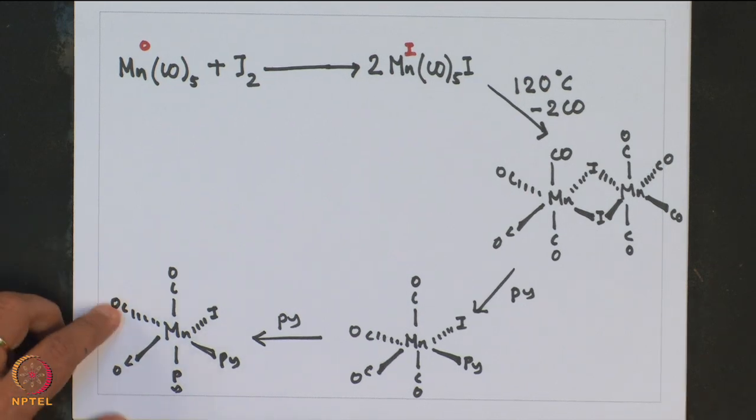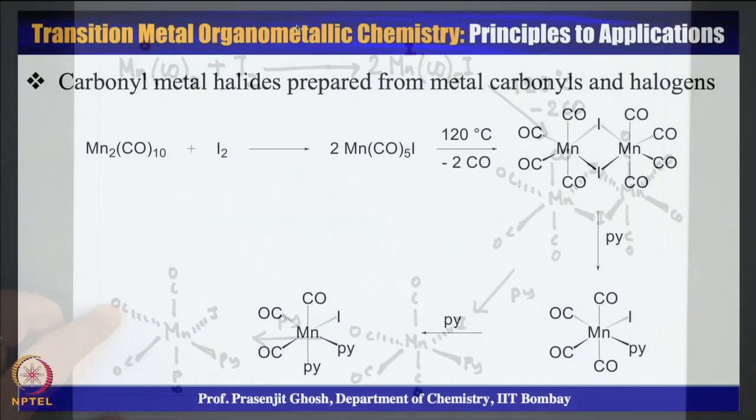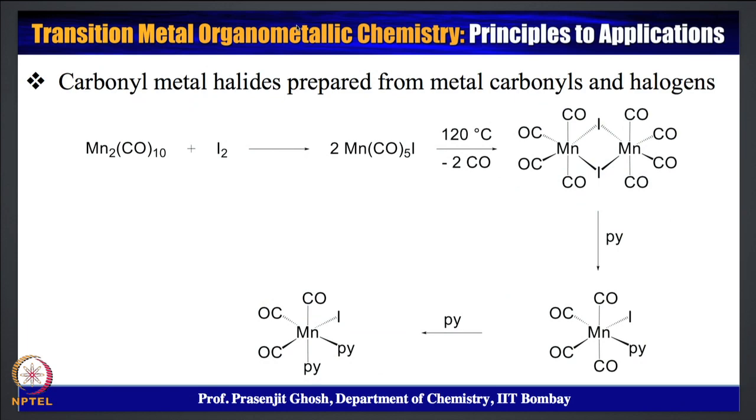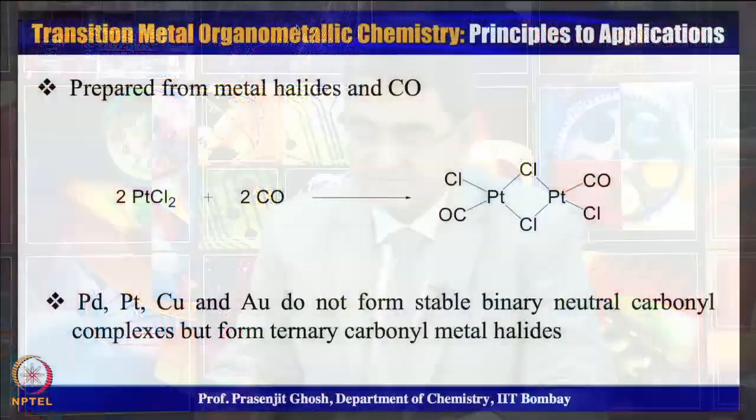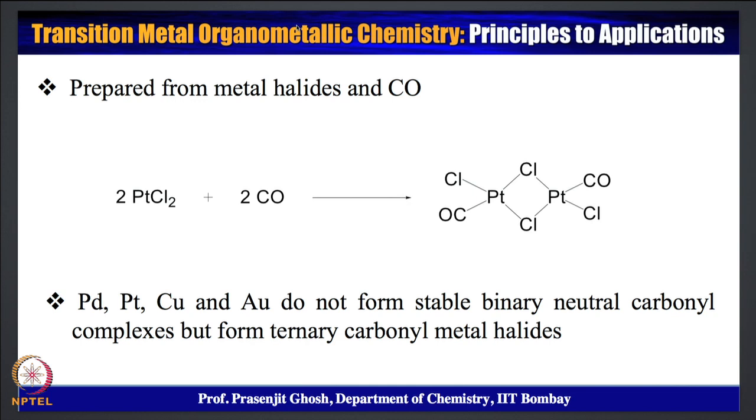So, here we saw the second example of methods for preparing carbonyl metal halides, and these two involve reaction of metal carbonyls with iodine. Another method is preparation from metal halides and carbonyl, that will also give carbonyl metal halides.